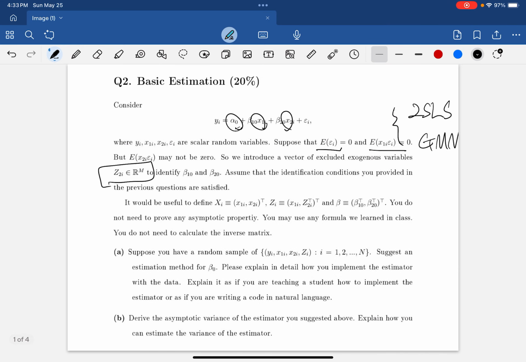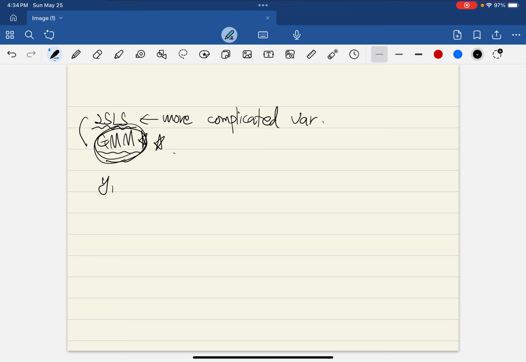And one more comment. Here, I define this kind of notation, but I realize it's not optimal because our equation is yi equals alpha 0 plus beta 1 0 x 1i plus beta 2 0 x 2i plus epsilon.